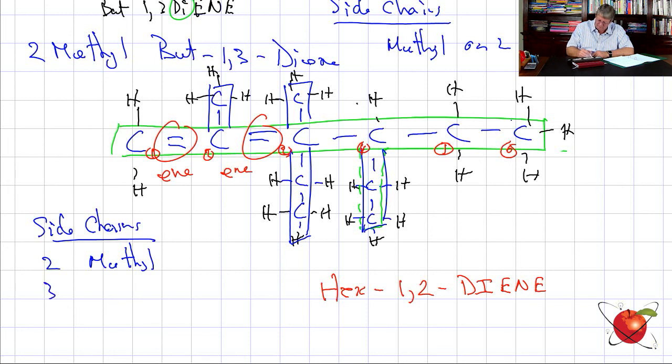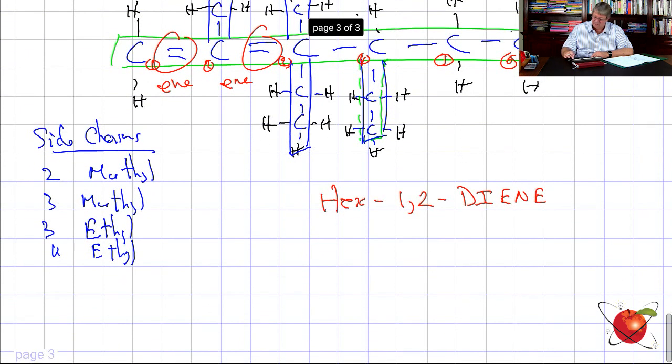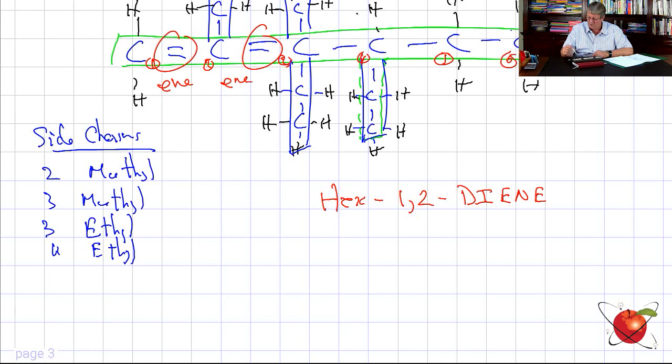On 3, I have got a methyl. On 3, I have got an ethyl. And on 4, I have got an ethyl. Now we have to put those side chains into the name itself, okay, right? So we know it's a hex 1,2-diene, all right?